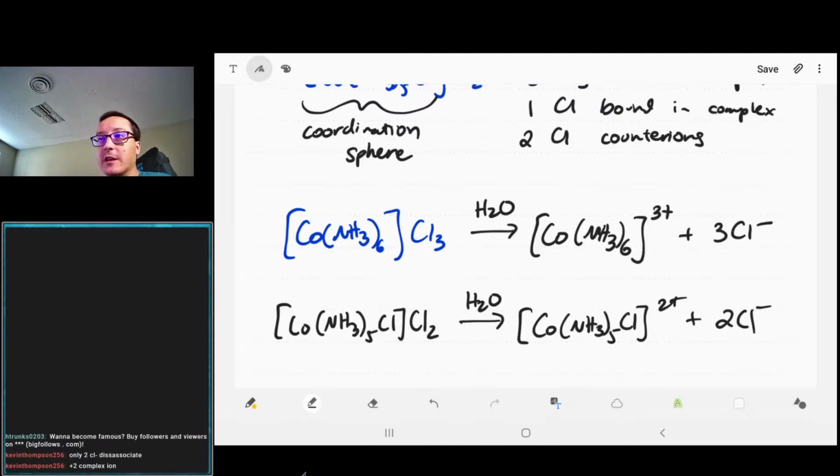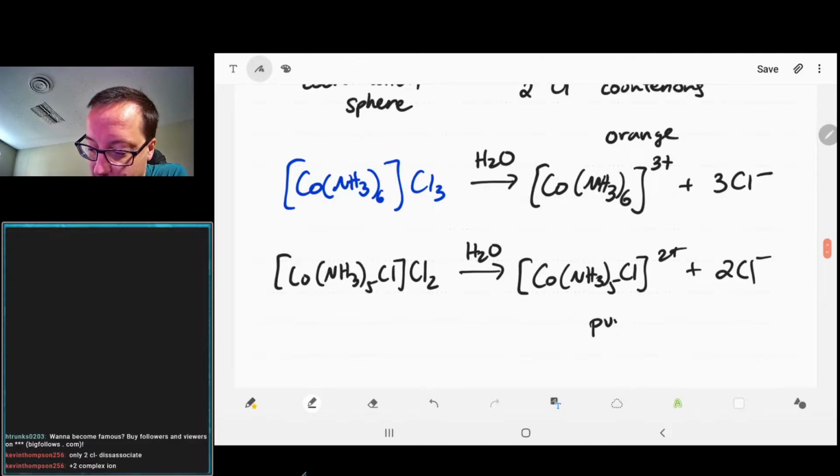So we're going to see later on how to predict the charge of these based on some common ligands that we have. What's interesting to note is that these will have different properties from each other. For example, this one is bright orange, but this one is bright purple. So we're going to see that the ligands that are stuck onto your metal are going to end up changing its properties, of course.